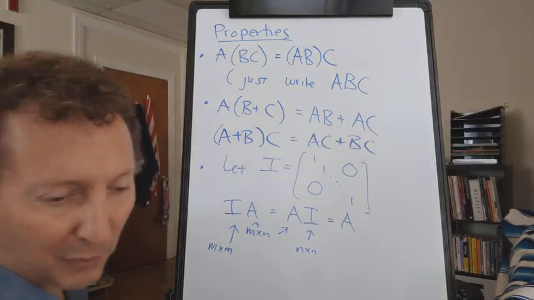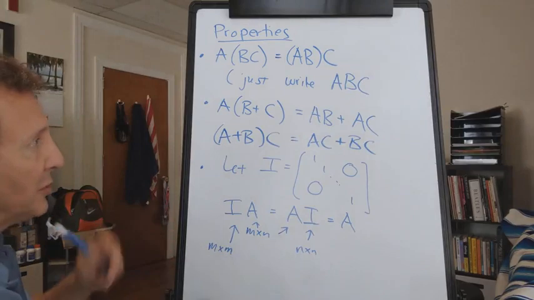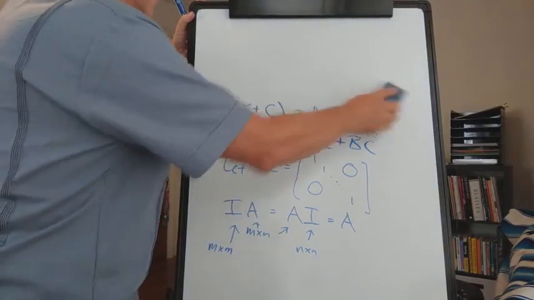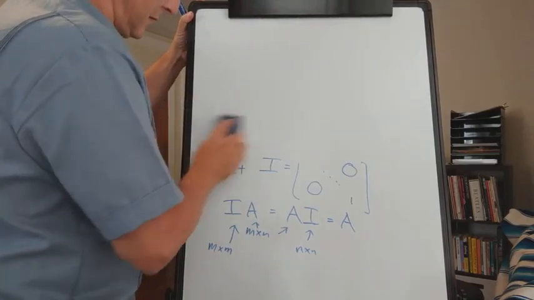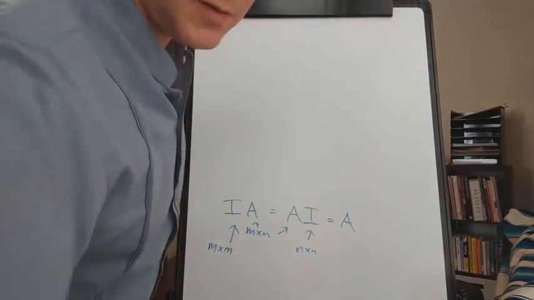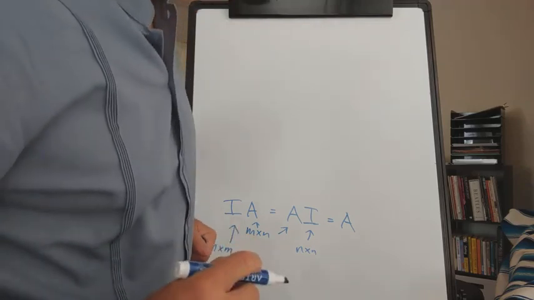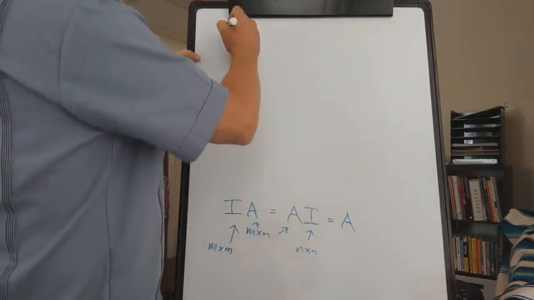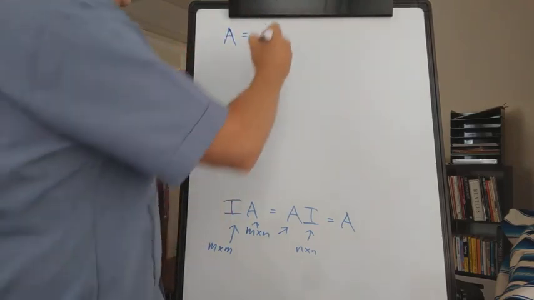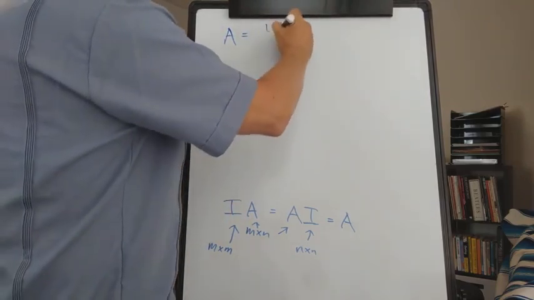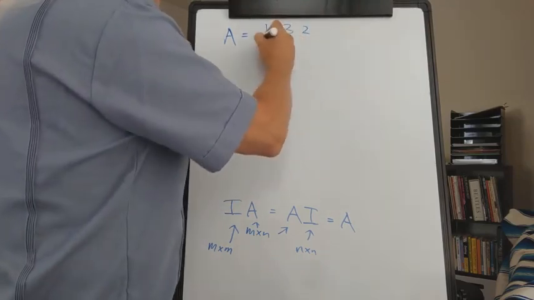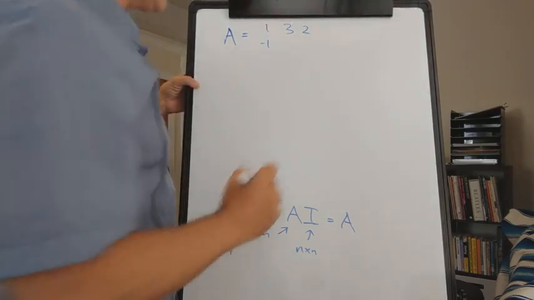Let me do an example so you can visualize this a little bit better. Let's let A be the 2 by 3 matrix 1, 3, 2, negative 1, 4, 5.